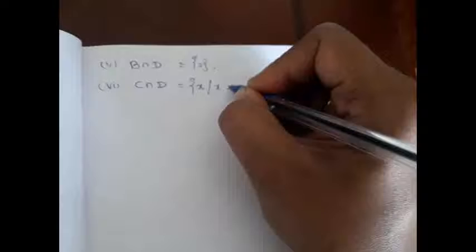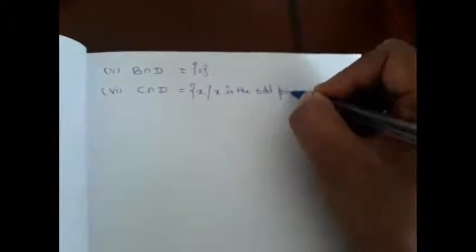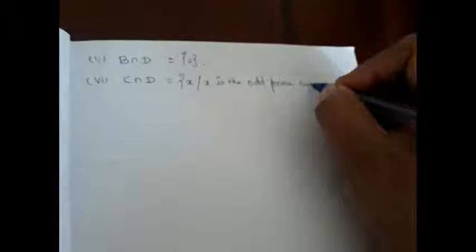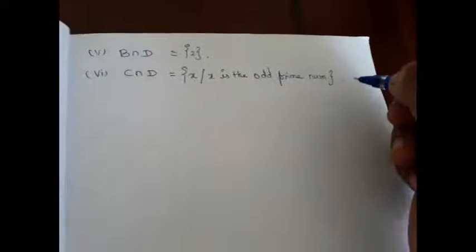So C intersection D will be the set of all x such that x is an odd prime number. Hope you understood. This is not any one of the sets given in the question. So you should write it in set builder form, or if you want to express it in roster form, you can express the answer as 3, 5, 7, etc. Again, it's an infinite set, right?